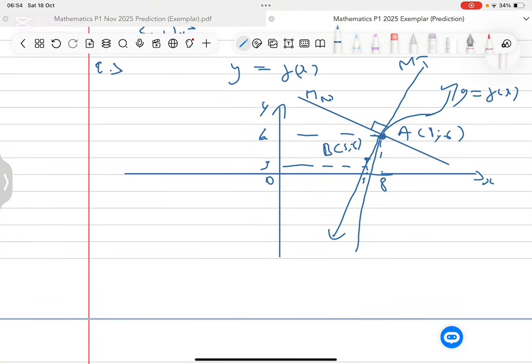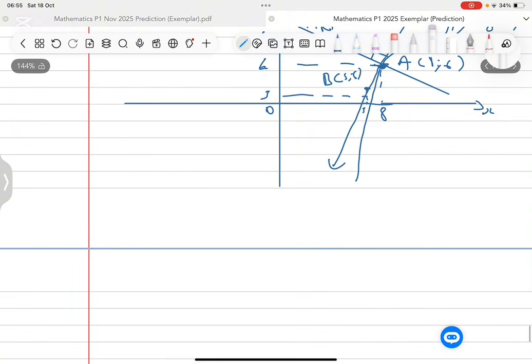We can say using these 2 points, A and B, I can find the gradient of the tangent.